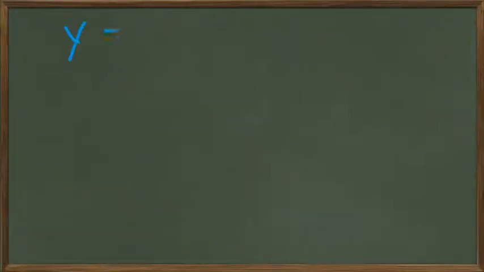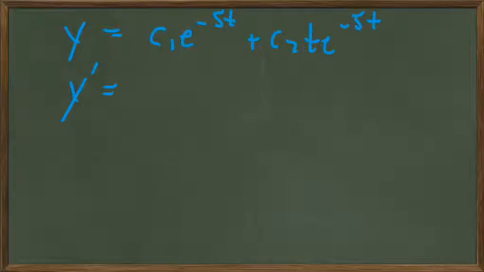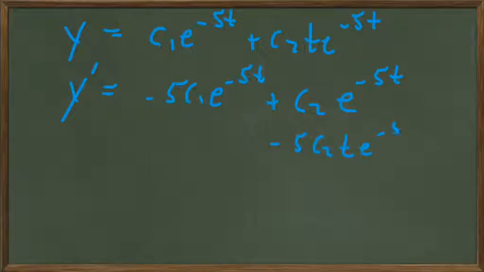So y equals c1 e to the minus 5t plus c2 t e to the minus 5t, y prime is minus 5 c1 e to the minus 5t, and then the product rule here, so c2 e to the minus 5t for derivative of the first times the second, plus, or actually minus 5 c2 t e to the minus 5t.